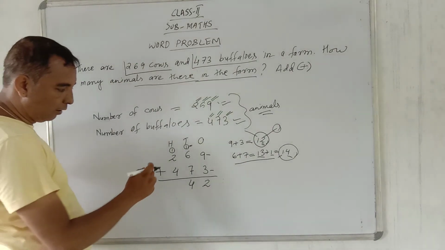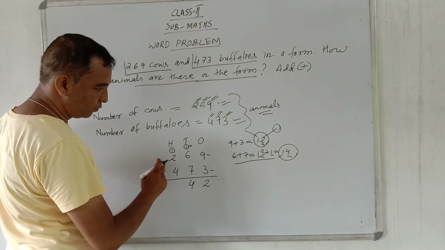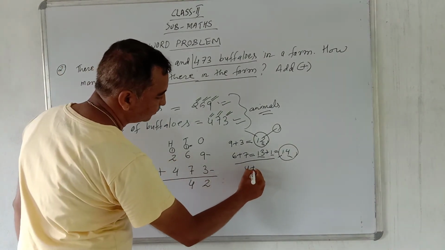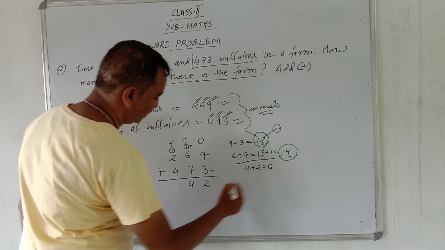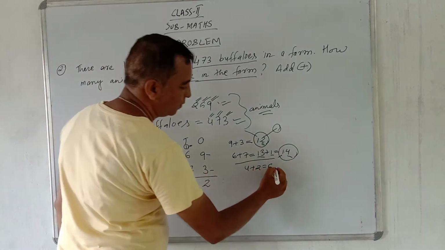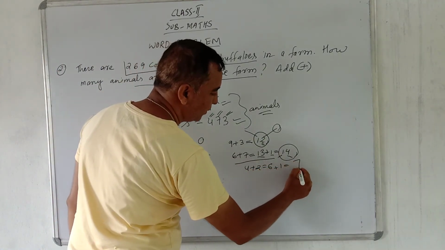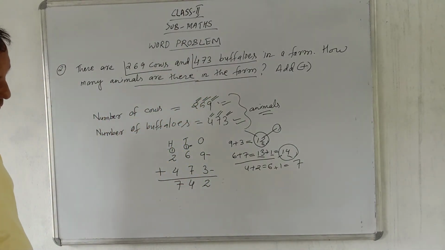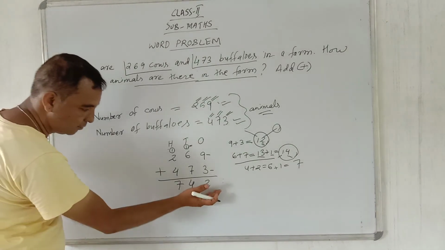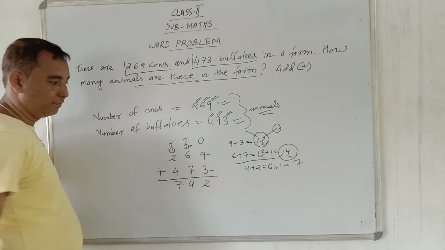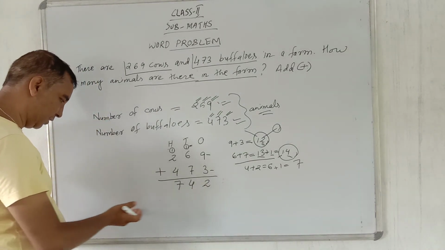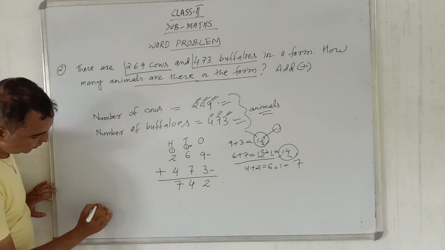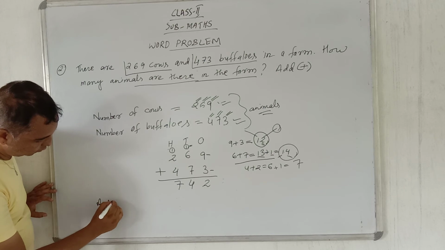Getting it? Now here 4 plus 2. How much? 6. This one plus 1 is equal to 7. So 7 here. Got it? What is your answer? 742. So now the last thing remaining is that we have to mention the answer in this word problem.